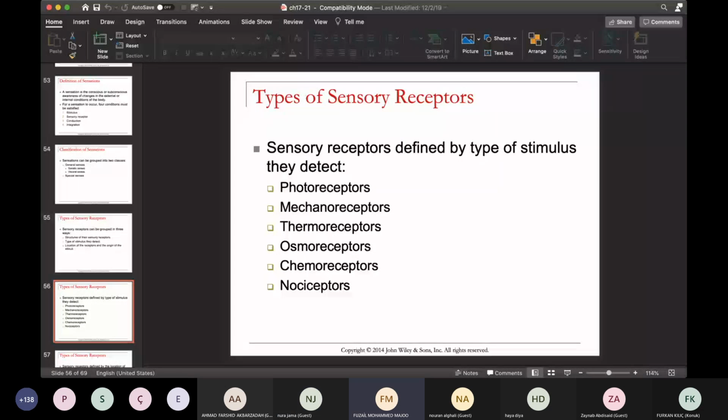Chemo is not God. Hormones? Something like that? No, chemicals. Okay, so that's all they're doing. They're detecting chemicals. Chemoreceptors detect chemicals. So again, the name: chemical.